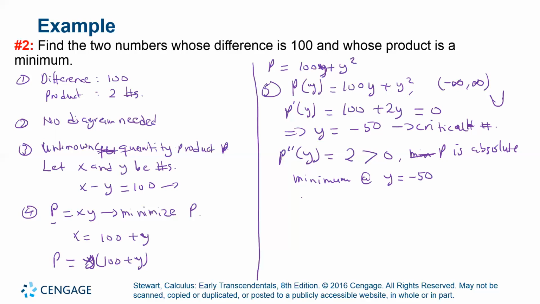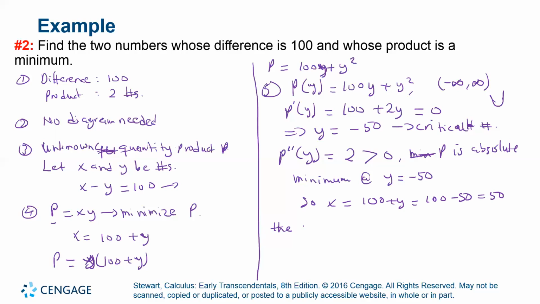All right. So if that is the case, what is X? Your X is equal to 100 plus Y. But Y is negative 50. So that's 100 minus 50, which is equal to 50. All right. So then, what are my numbers?